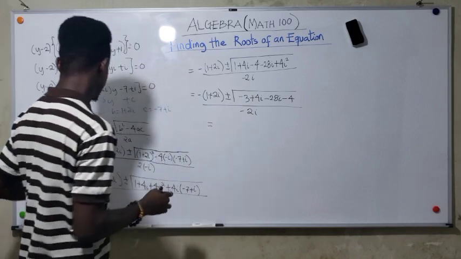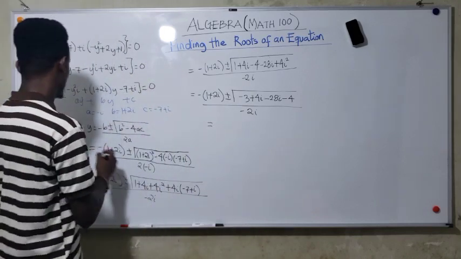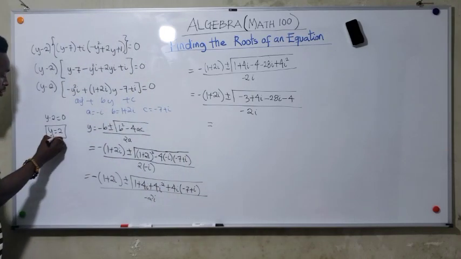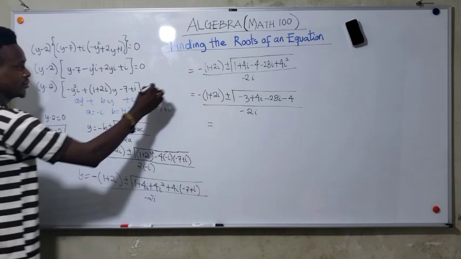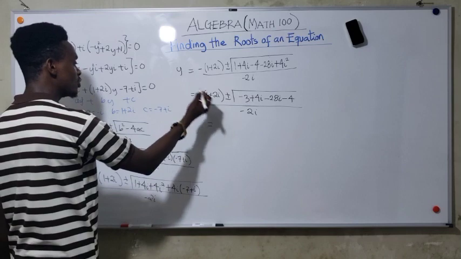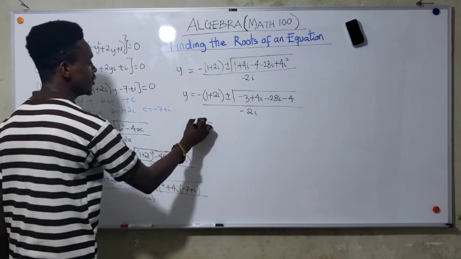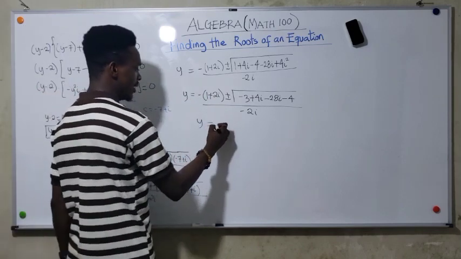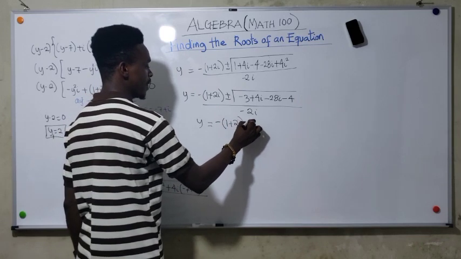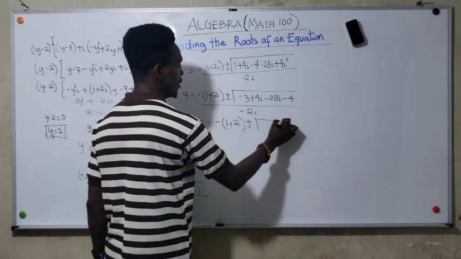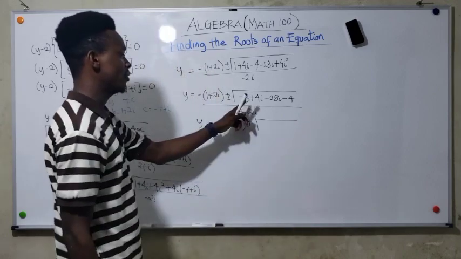So this guy, with this y we find it. We call it y1, our first root. We're still looking for y2 and y3. So we get minus (1 plus 2r) plus or minus the root of our real number and complex number.